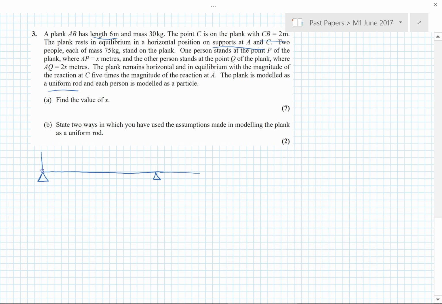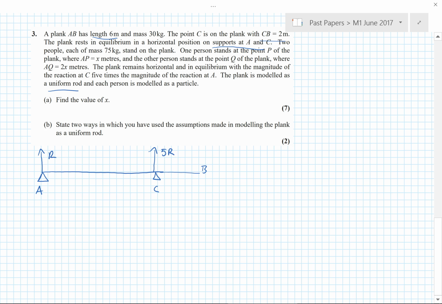We're told something about the reactions. So this is A, this is C, this is B at the end. The reaction at C is 5 times the magnitude of the reaction at A. So I'll call this R and this 5R.